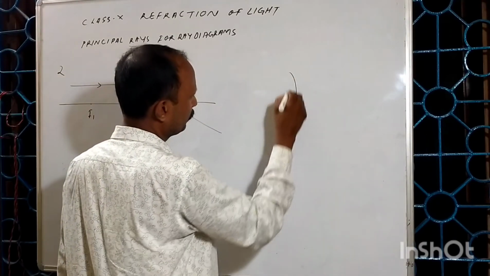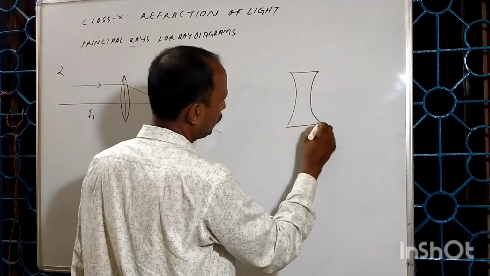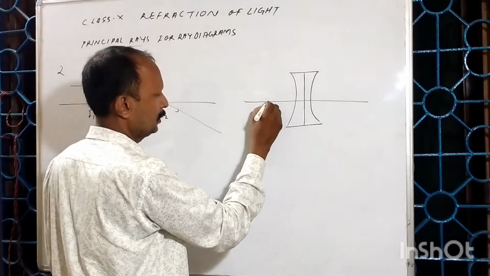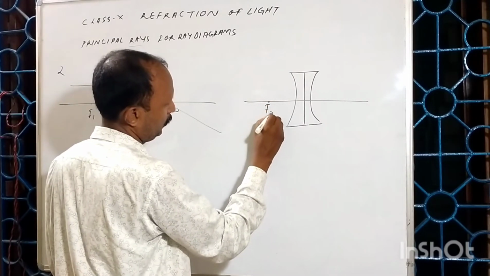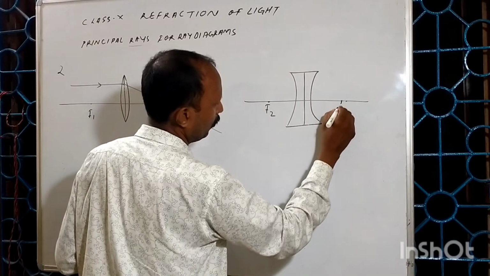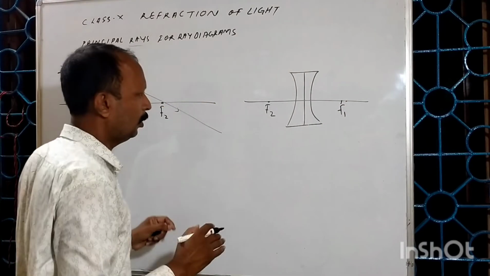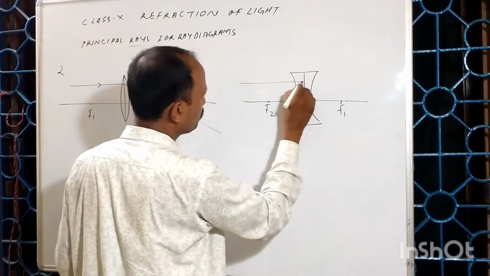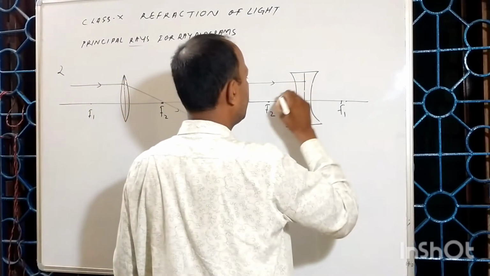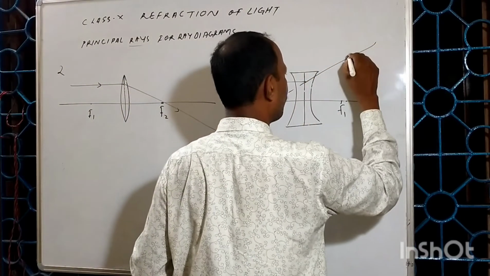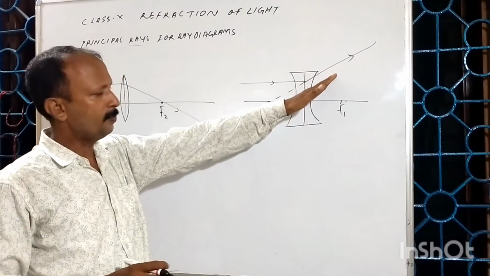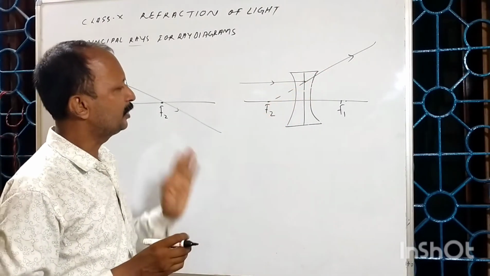If it is a biconcave lens, meaning a concave lens, this side is F2, and this side at equal distance is F1. So, if it comes parallel to the principal axis, it refracts in such a manner. However, it appears to be coming from the focus.